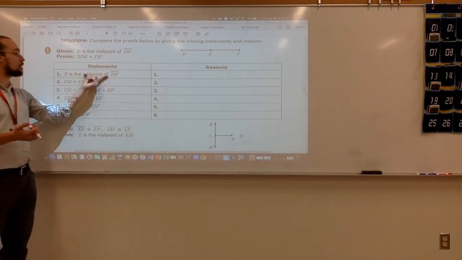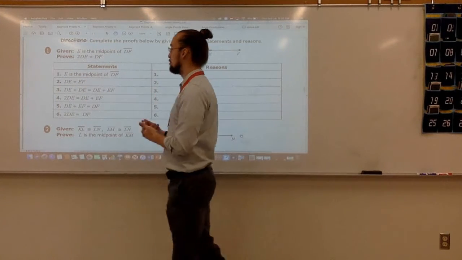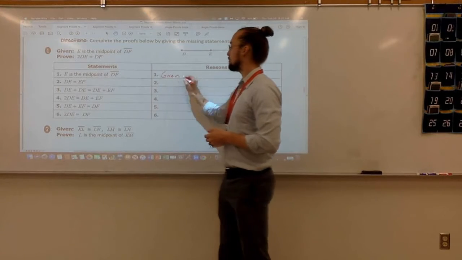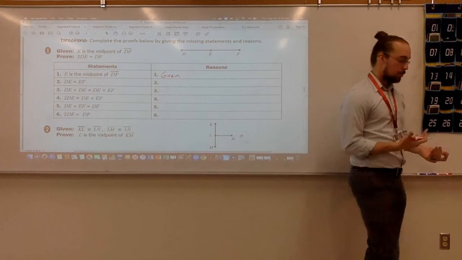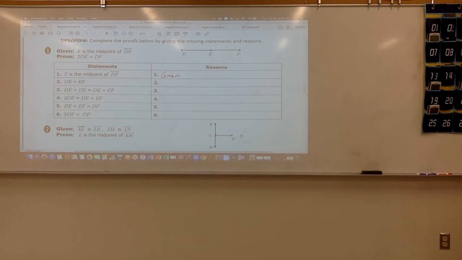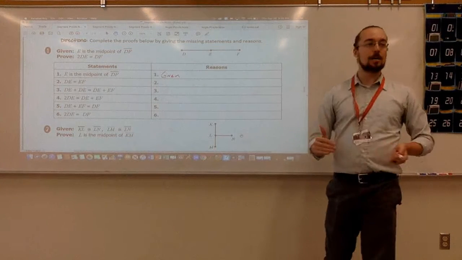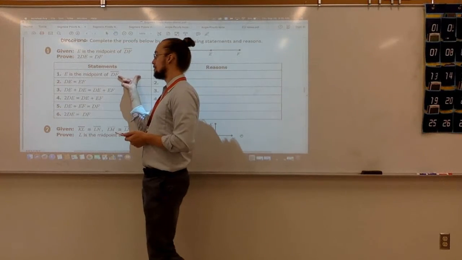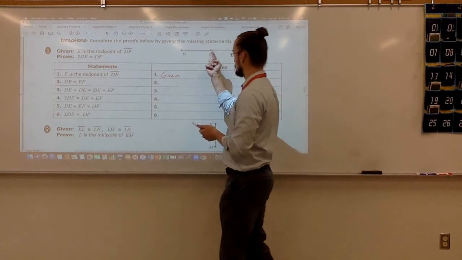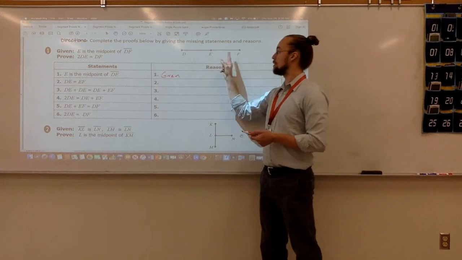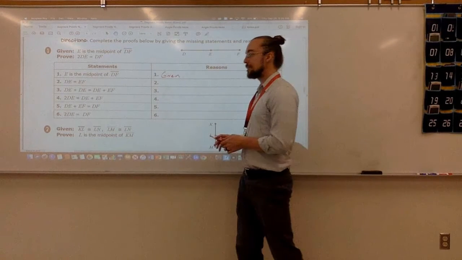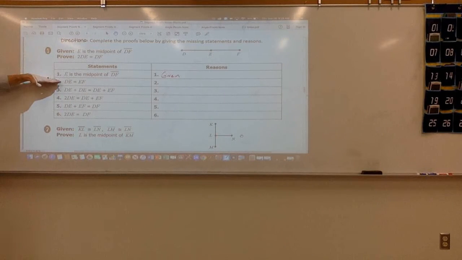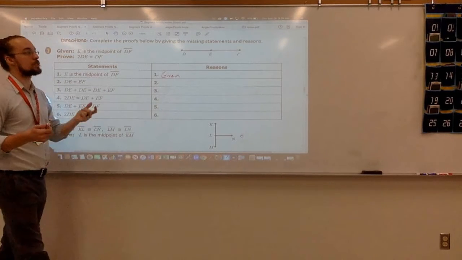So here, the only information we're given is that E is the midpoint of DF. So my reason is given. Now, what we want to look at in proofs is how we get from one step to the next. If I know that E is the midpoint of DF, thinking about our definitions and postulates from yesterday, can I say that DE is equal to EF?